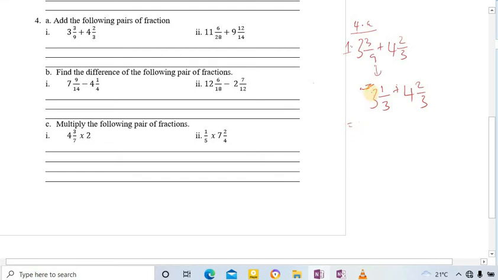So I just add the whole numbers, 3 plus 4, and then I add the like fractions, 1 over 3 plus 2 over 3. I'll get 7 plus 3 all over 3, which is equal to 7 plus 1, since 3 over 3 is 1. So 7 plus 1 is equal to 8. That's my final answer. Very simple.